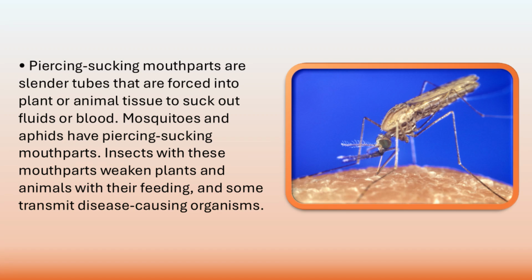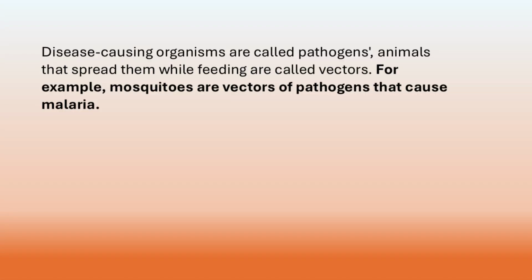Piercing, sucking mouthparts are slender tubes that are forced into plant or animal tissue to suck out fluids or blood. Mosquitoes and aphids have piercing, sucking mouthparts. Insects with these mouthparts weaken plants and animals with their feeding, and some transmit disease-causing organisms.